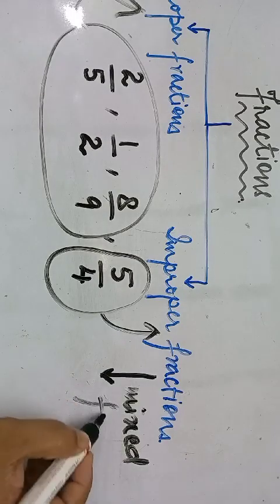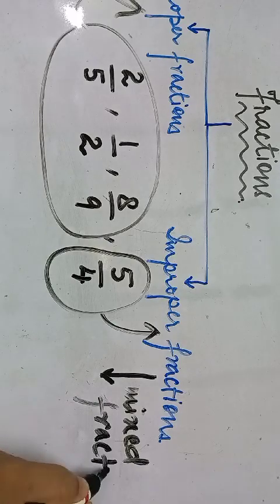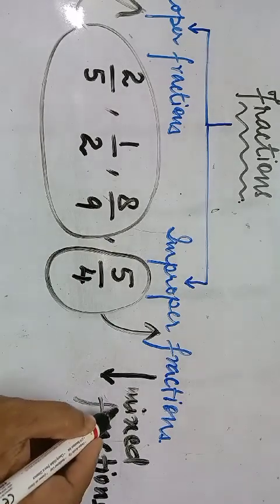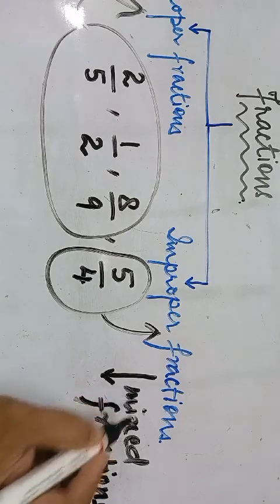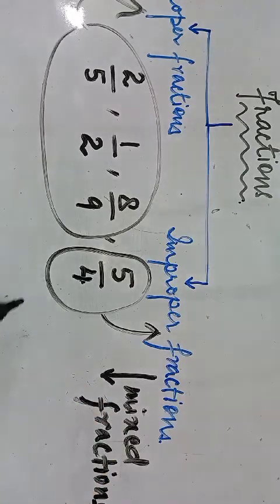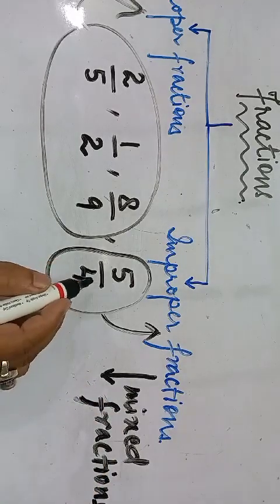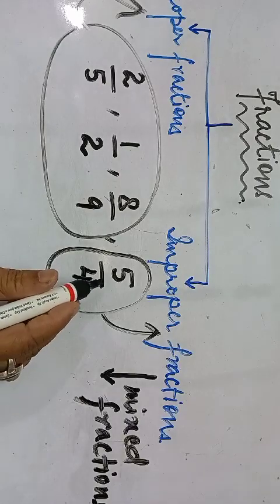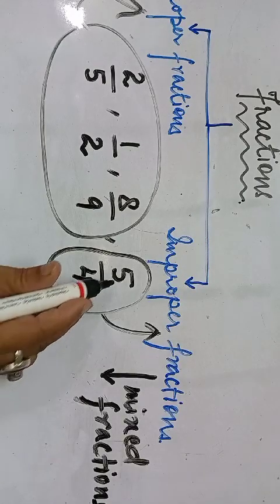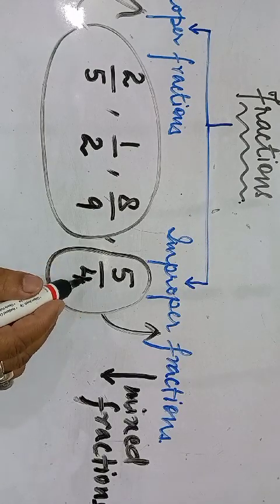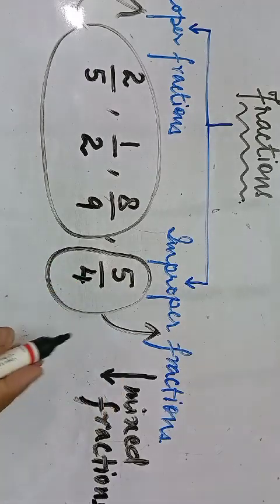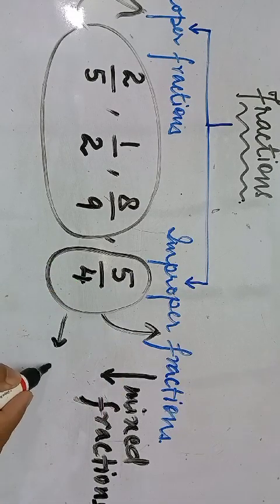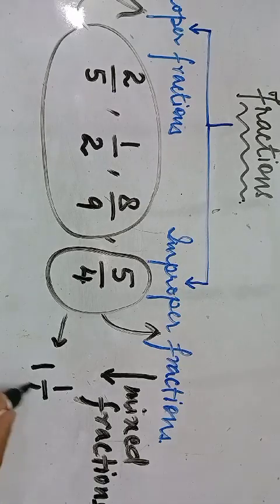Okay, so they can be written as mixed fractions. Now, what is the reason why we are using the word mixed here? Because if you see 5 by 4, the meaning of 5 by 4 is that 5 is getting divided by 4. So when you divide 5 by 4, what do you get? You get 4 ones are 4, then 1 remainder, and 4 in the denominator.